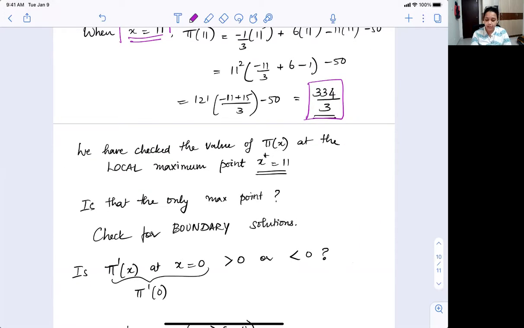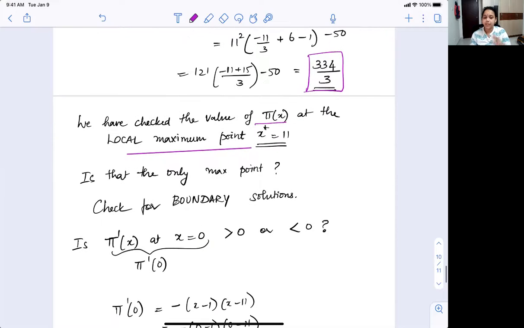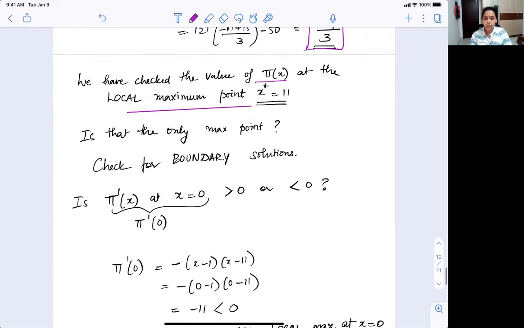So we have not checked the value of pi of X at the local maximum points, but is that the only one? We have to check for boundary solutions. So we look at the sign of pi prime of X, which is the first derivative, at the border, and we check if pi prime of X is greater than 0 or less than 0. This is equivalent to looking for the sign of f prime of 0.